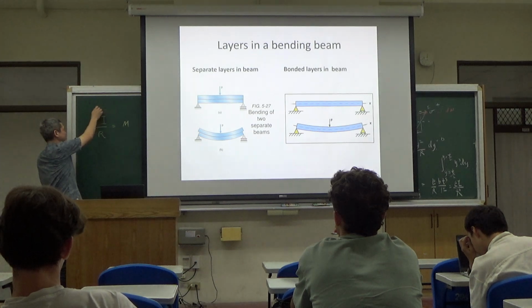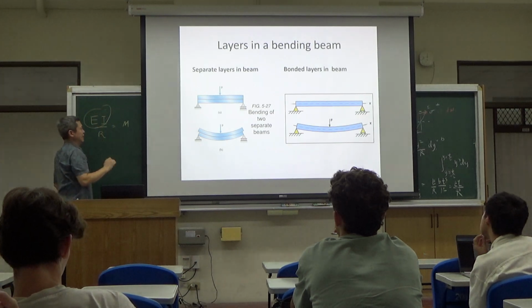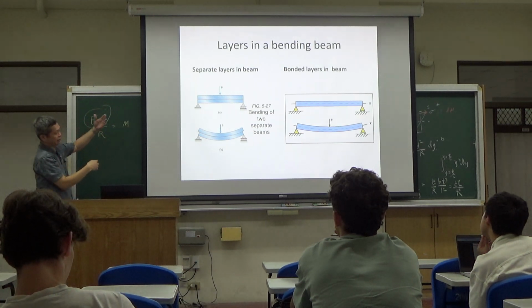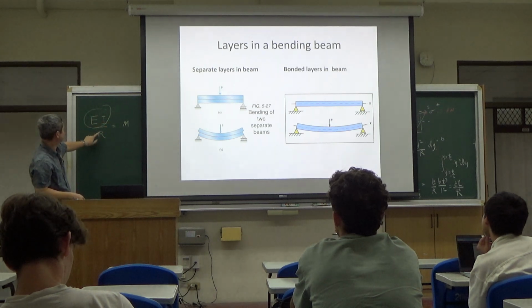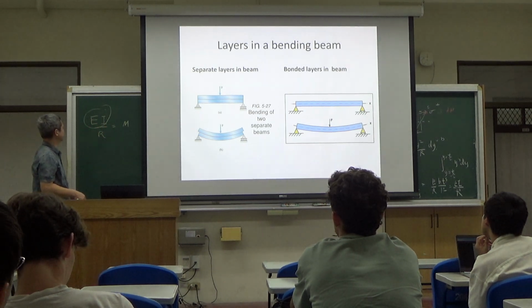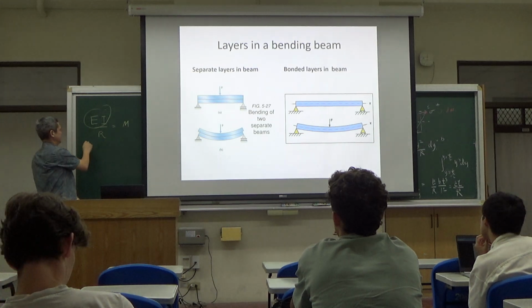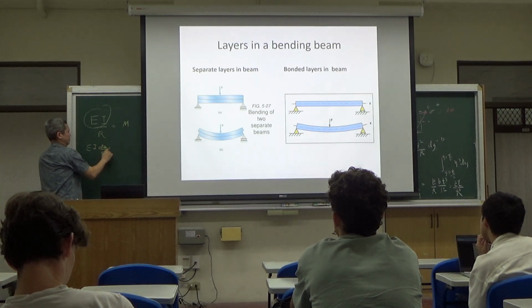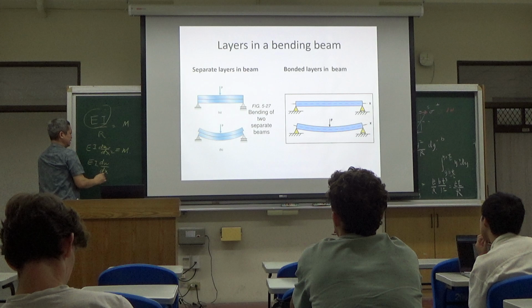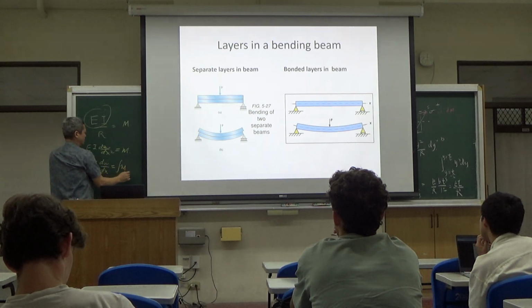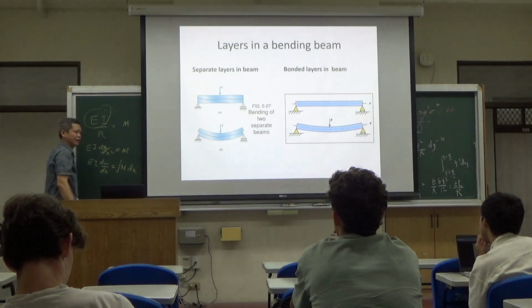So you can see here, this is definitely the flexural rigidity. If you do the integration, then you have EI dw/dx equal to the integration of M dx.